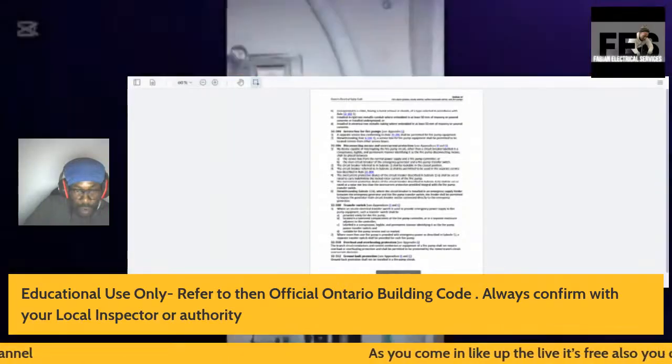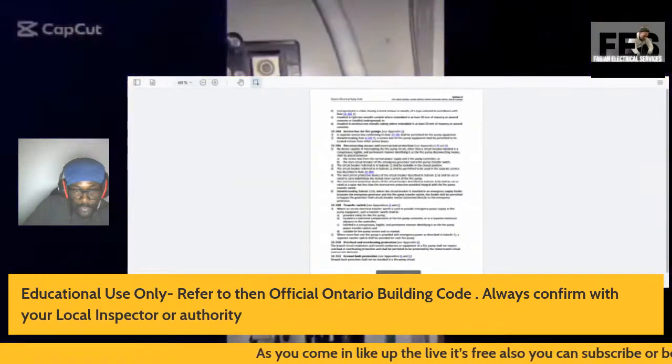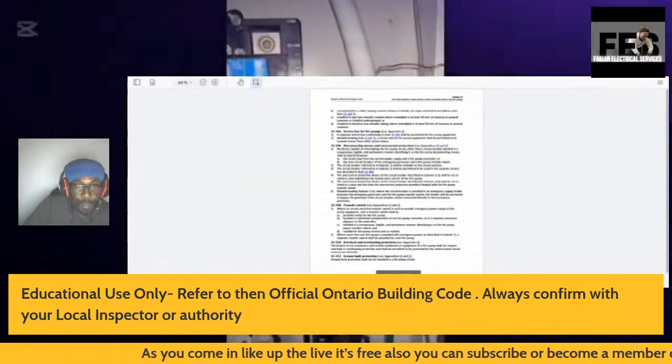Overload protection shall not be installed in the fire pump circuit.